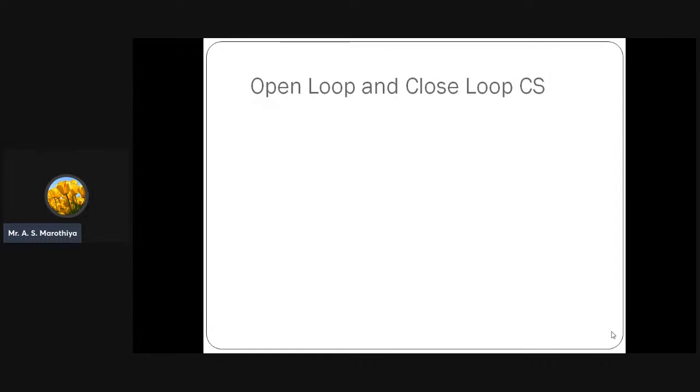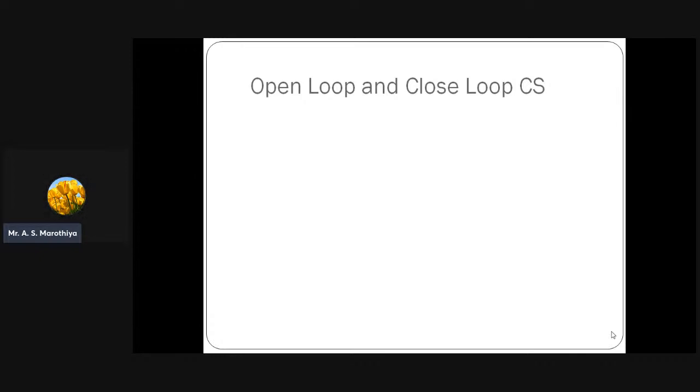Now, in this particular lecture, we are going to start with the concept of open loop and closed loop control systems, because this is the only classification left under the domain of different types of control systems.